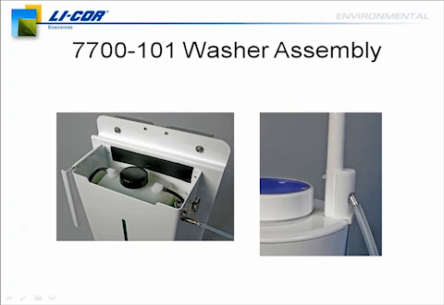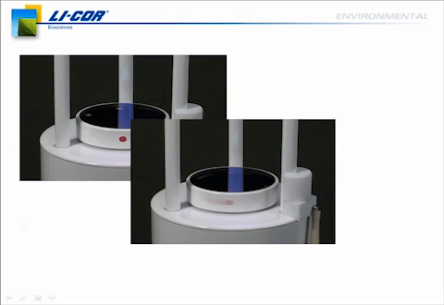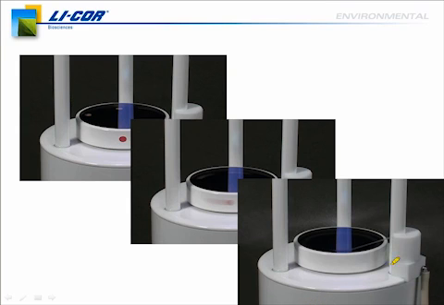The way that works is you'll see the mirror here just stationary with the nozzle beside it. When it's time to clean the optics, this mirror begins to spin. There's a motor underneath it that spins the mirror at a very high rate, about 5,000 RPM. Once that mirror is spinning, the nozzle begins to apply a cleaning solution.